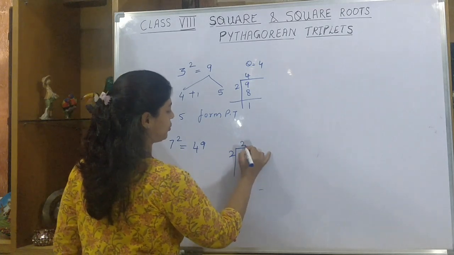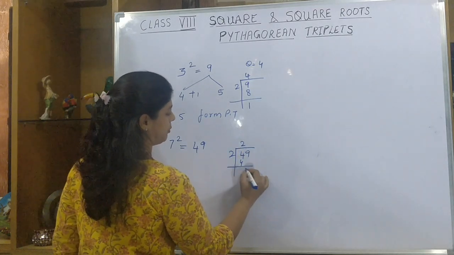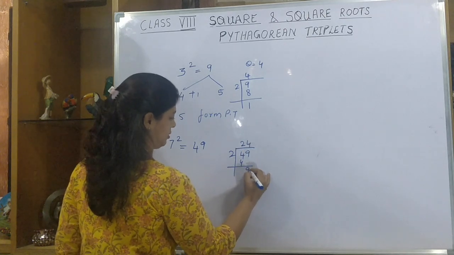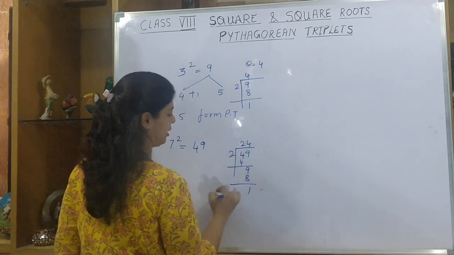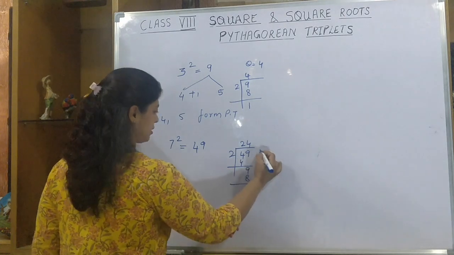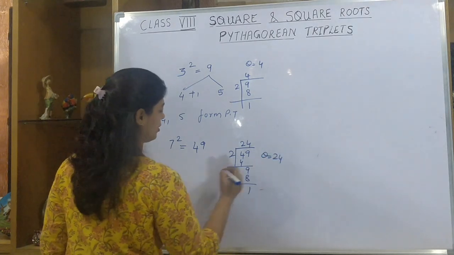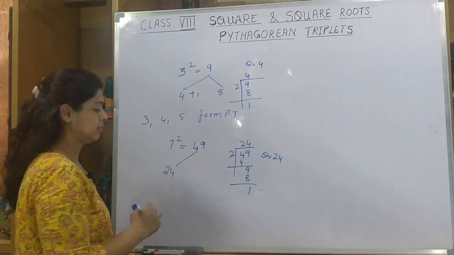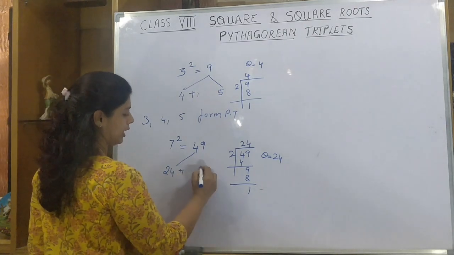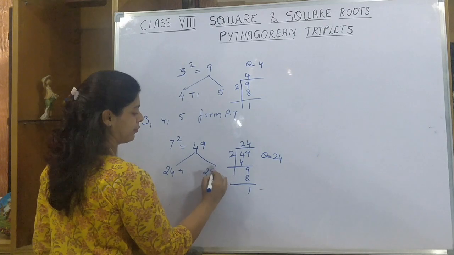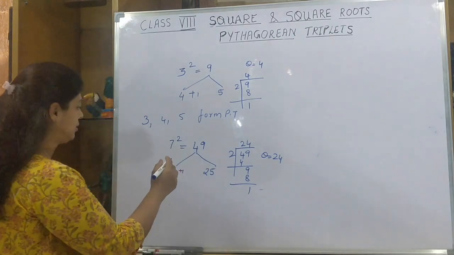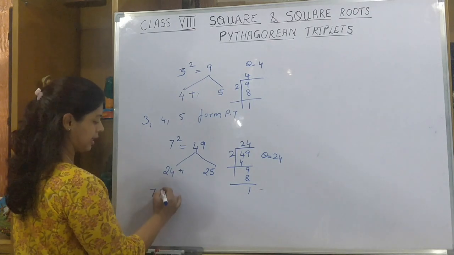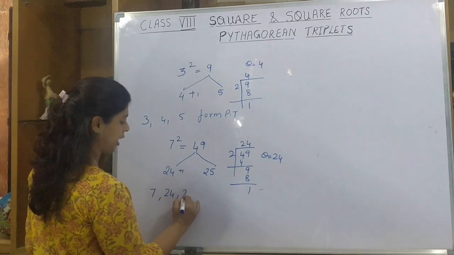So 2 2s are 4, remainder 0, 2 4s are 8, remainder 1. So now my quotient is 24. So I can express 49 as 24 and add 1, I get 25. So the numbers which form the triplet are 7, which was given to me, 24 and 25.